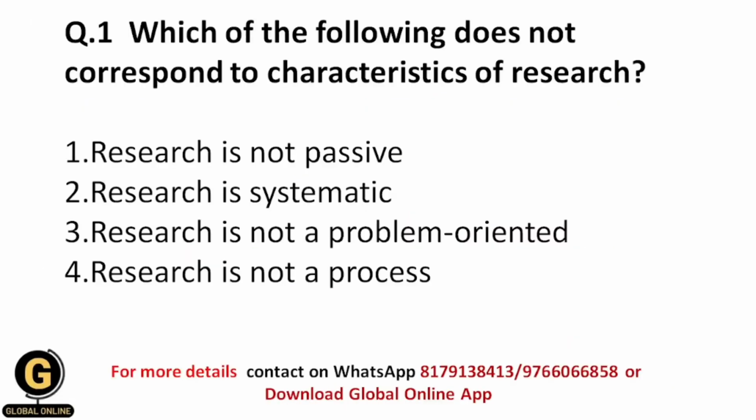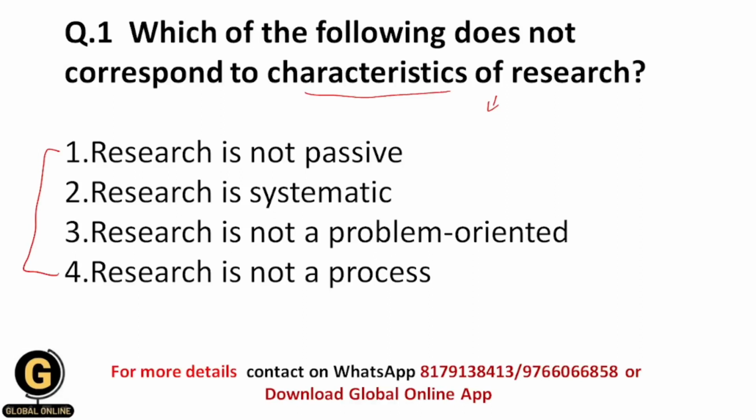Students, let us start with our first question. In this question we are given four options, and it has been asked which of these options is not a characteristic of research. Research is a systematic way of finding a solution to any kind of problem.